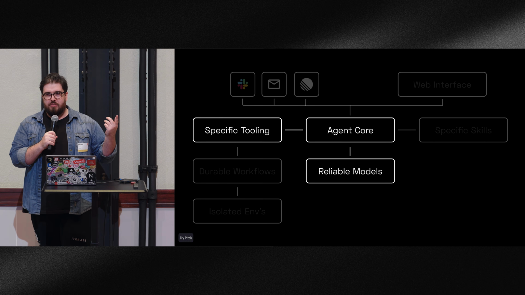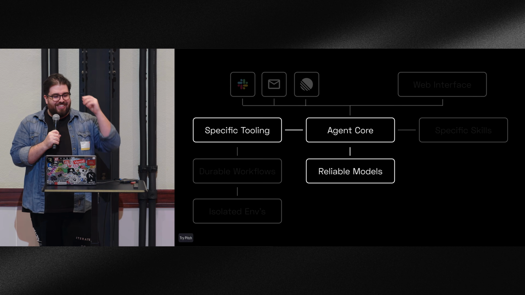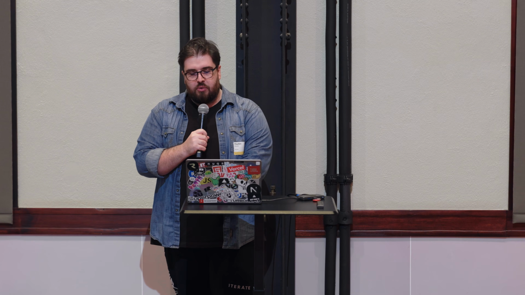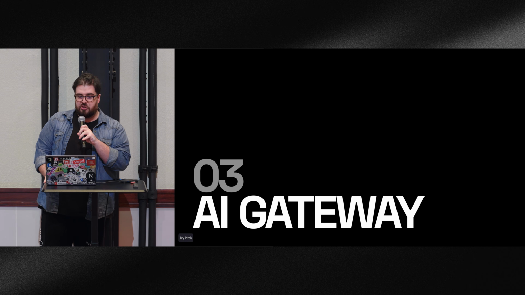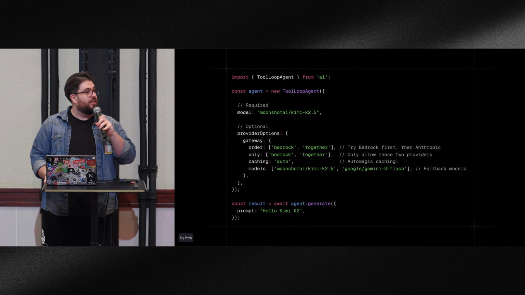Like I think Moonshot's Kimi K2 is on Amazon Bedrock and Fireworks and Together and a few other ones. So we need some sort of backend to serve the models to our agent core that is simple, preferably, but also very reliable. If one model or one provider goes down, we can just fall back onto another one. And for this, we use our magical AI Gateway.